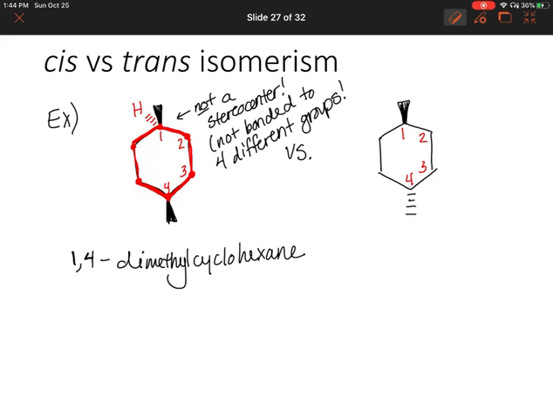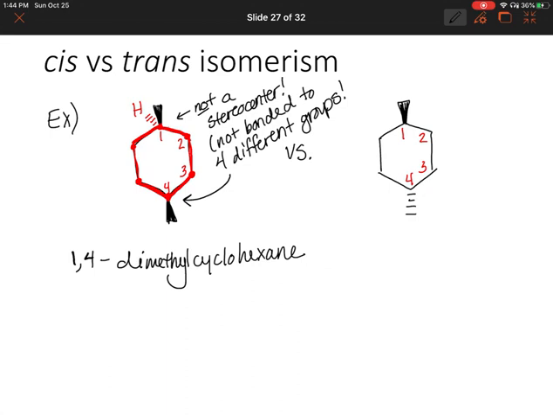Same with the carbon down below, carbon 4. It might look like a stereocenter, but if we track up the ring, we can see that in fact carbon 4 is not bonded to 4 different groups. Now looking at our other molecule on the right-hand side, that's the same case.